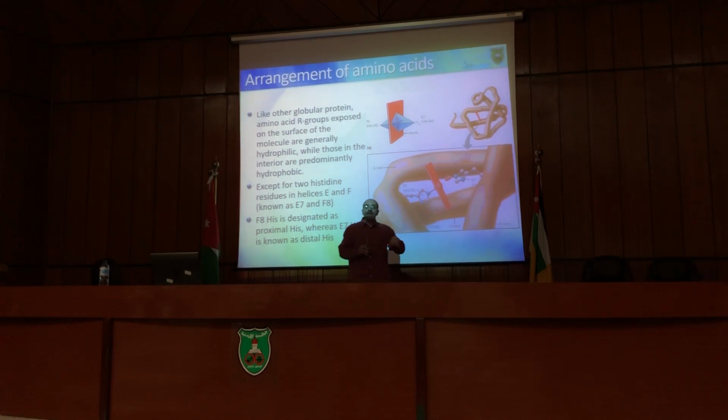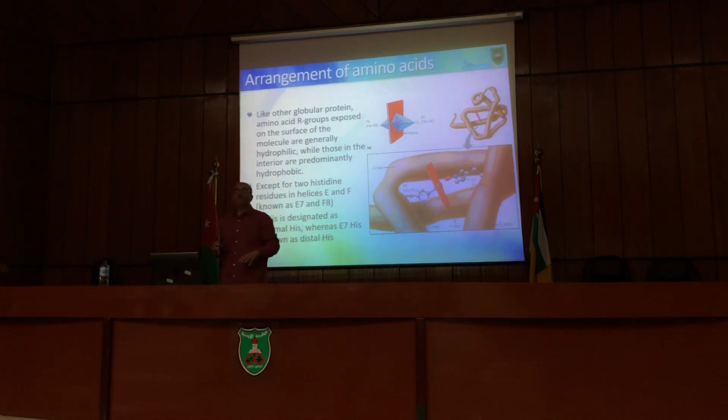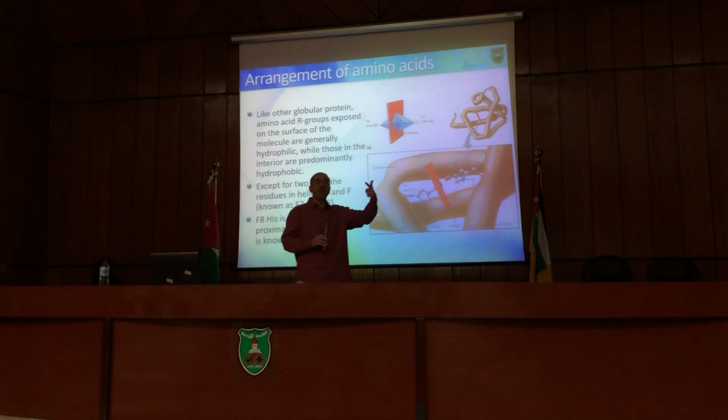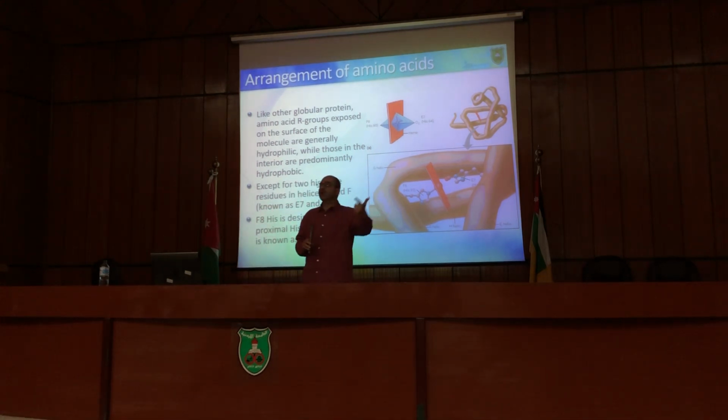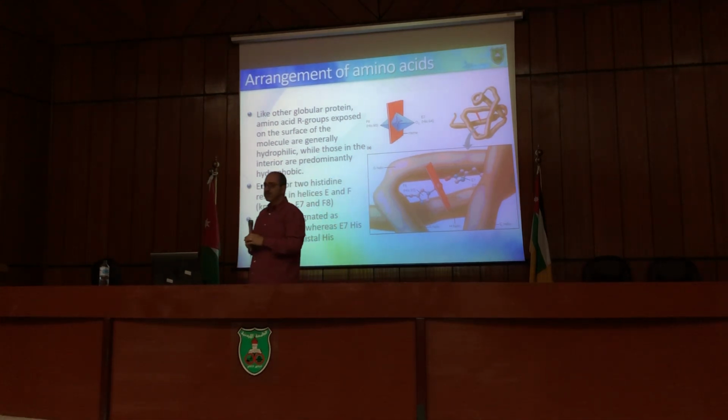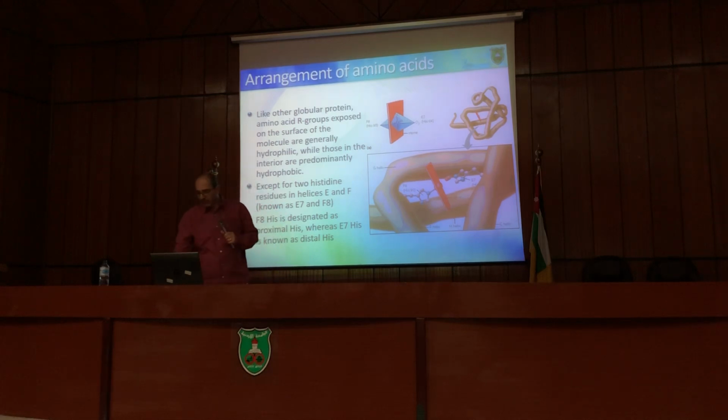And these two histidine residues are surrounded by hydrophobic amino acids. And there's a reason for why there are histidine residues, and there is a reason for why they are surrounded with these hydrophobic amino acids. And that's the beauty of biochemistry.